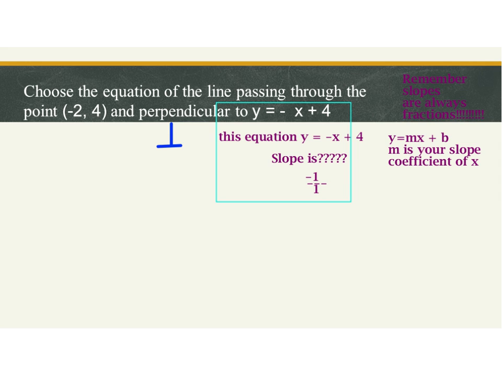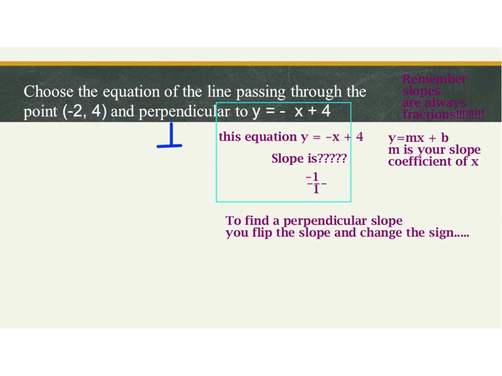To find a perpendicular slope, and here I want you to take notes, to find a perpendicular slope, you flip the slope and change the sign. That's a rule that you should know. To find a perpendicular slope, you flip the slope and change the sign. So, what would the slope be that I need?